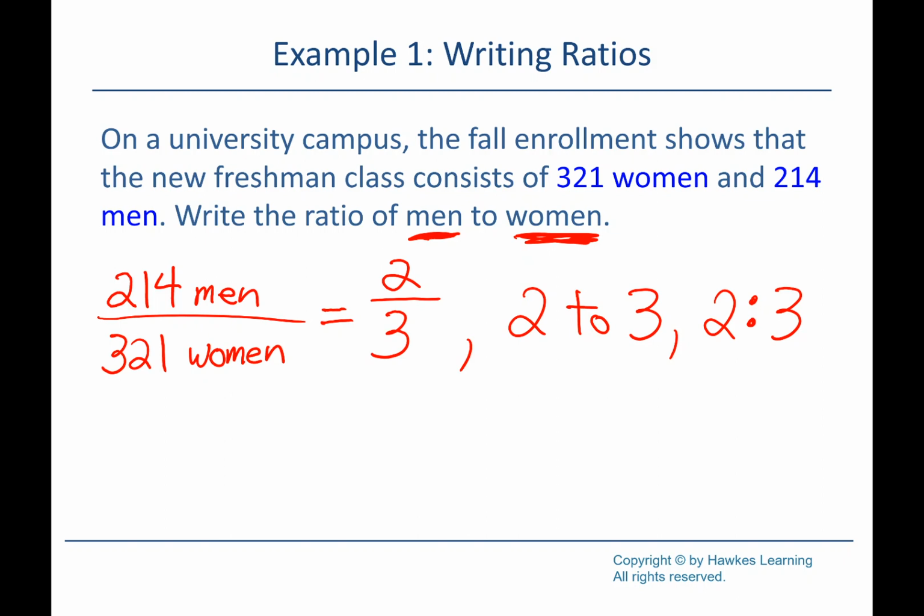Questions on that one? Sorry, that one's kind of tricky to reduce, but 107 is not the first thing I check for when I'm trying to simplify a fraction. That's how that thing turned out. Okay.